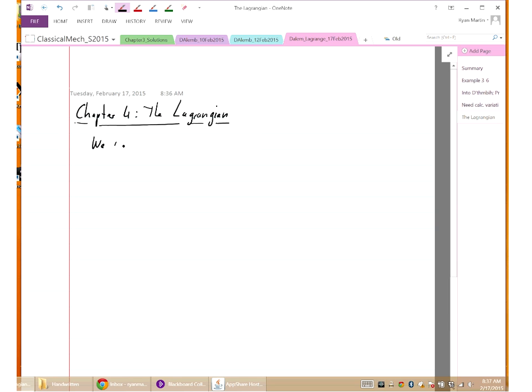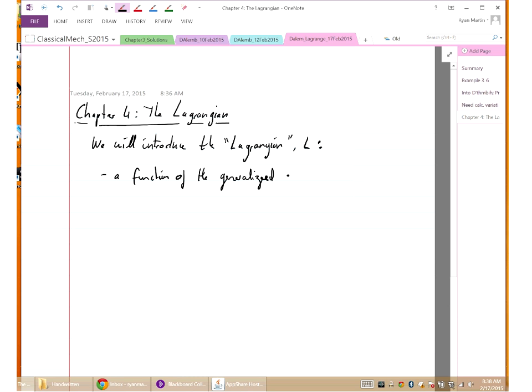So in this chapter, we will introduce what's called the Lagrangian, L. So L is a function of the generalized coordinates, the generalized velocities and time.